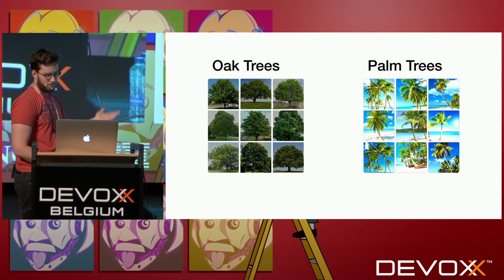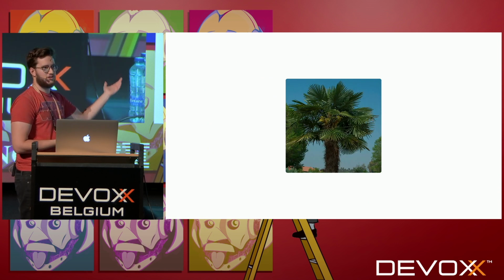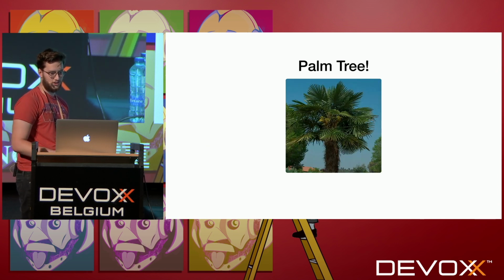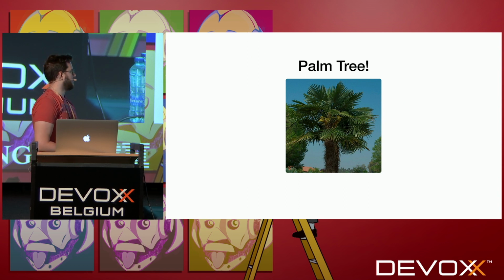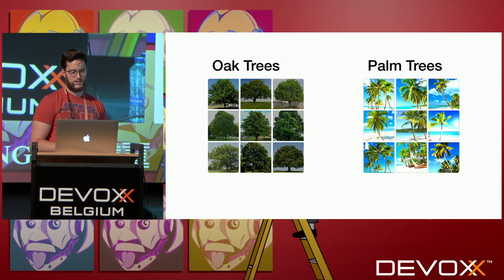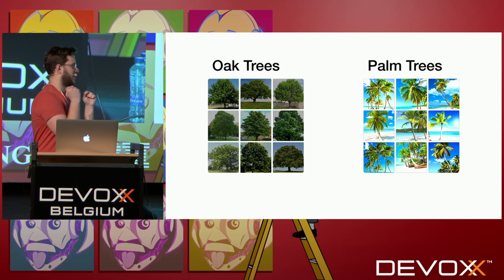And if I showed you this next photo, it's a palm tree, but it kind of looks like an oak tree almost, maybe because it's so dark. And that's because when we show a computer vision model this, it might accidentally learn that we're just trying to teach it dark versus light. It doesn't really know we're trying to teach it that it's an oak tree.